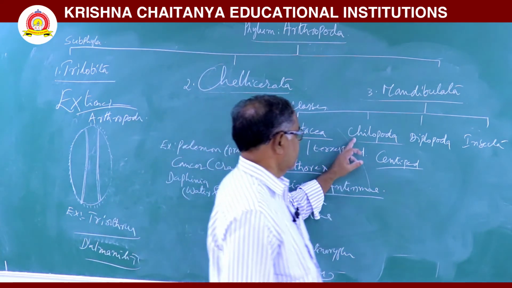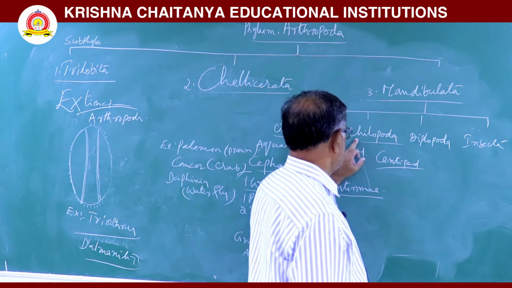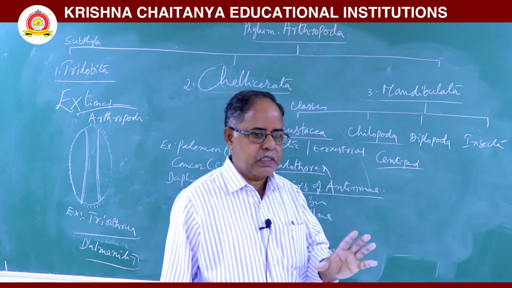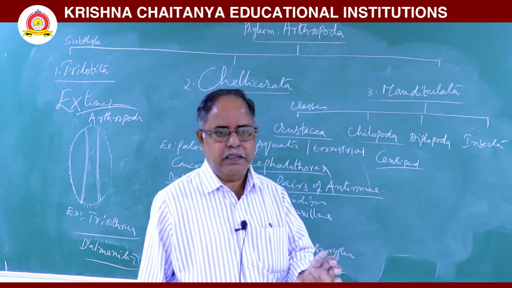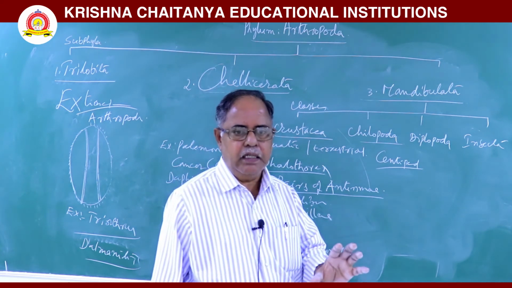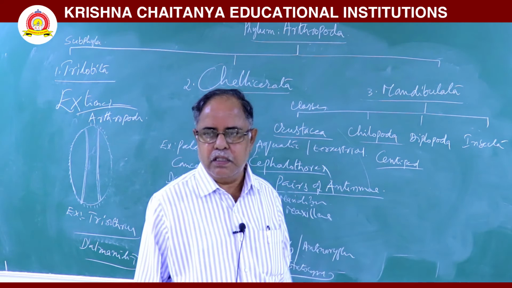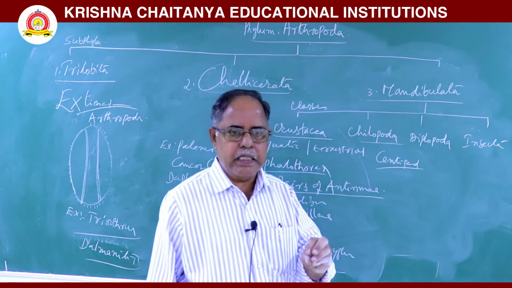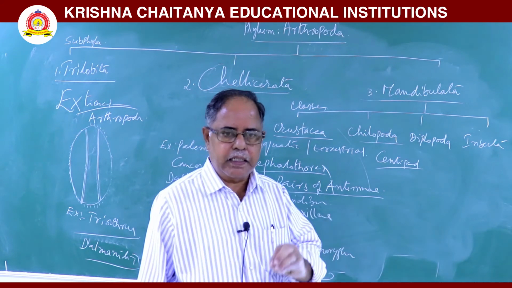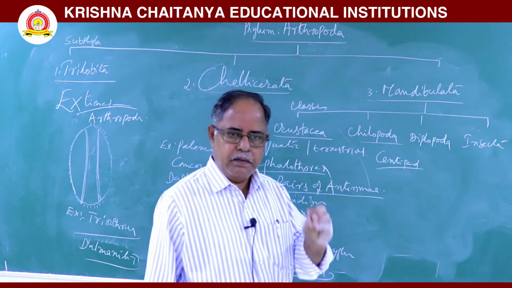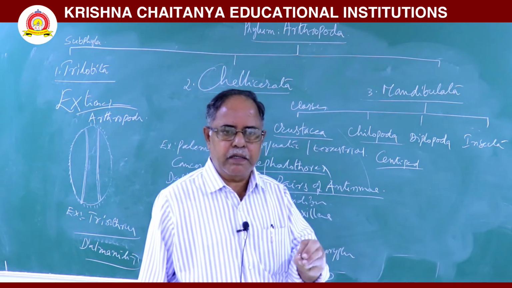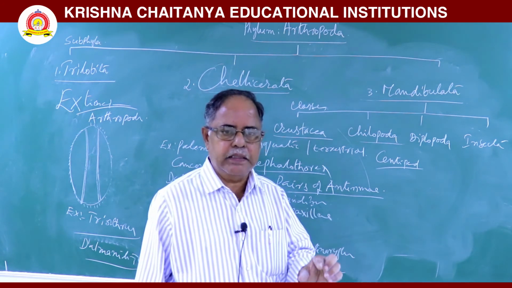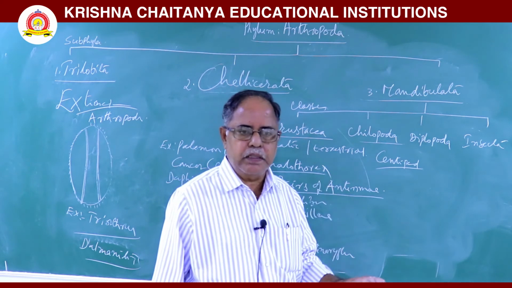Now, the animals included under class Chilopoda are called centipedes. That means they possess 100 legs. They are carnivores. The body is divided into head and trunk. Each trunk segment bears one pair of clawed legs. The first pair of clawed legs is modified as a poisonous claw.